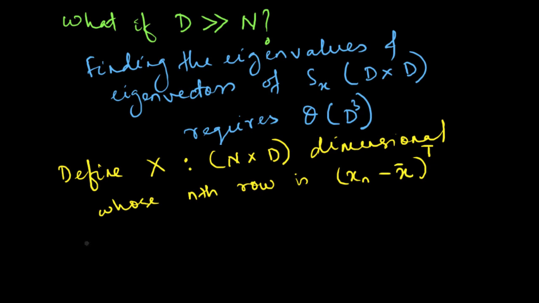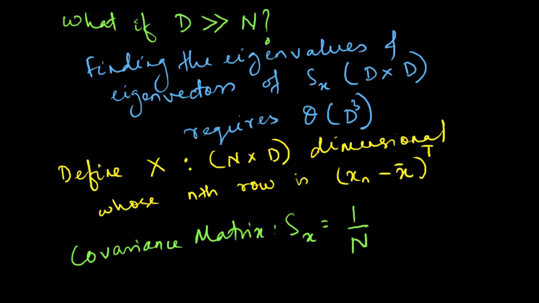So now your covariance matrix Sx is simply written as 1 by capital N, capital X transpose capital X. I would like you to verify that this is indeed the same formula for Sx that we wrote some time back. So now what is our objective? Our objective was to solve this equation Sx times ui is equal to lambda i times ui, where ui is the eigenvector and lambda i is the eigenvalue for the matrix Sx.